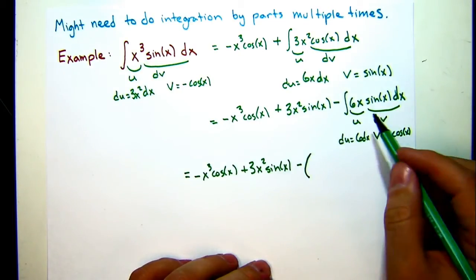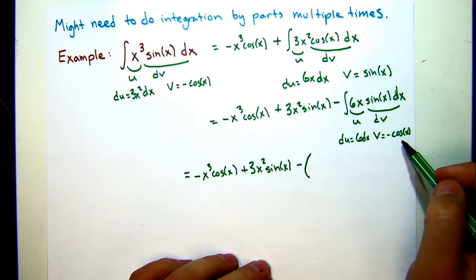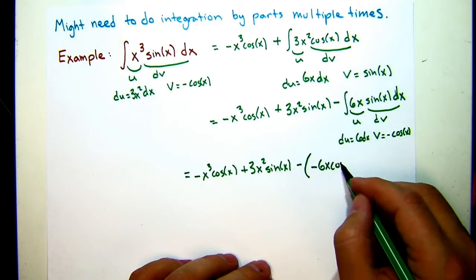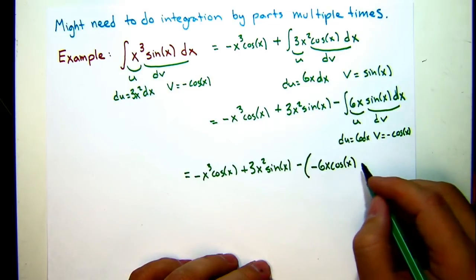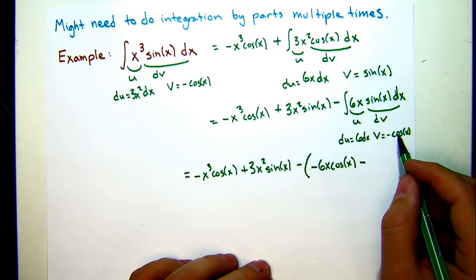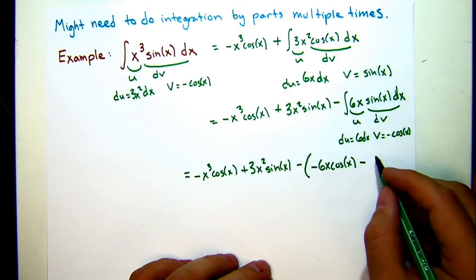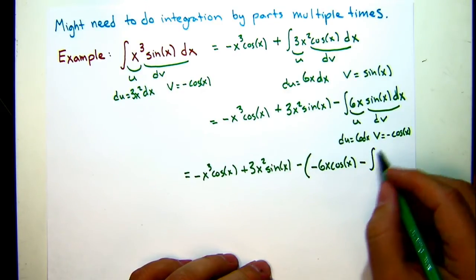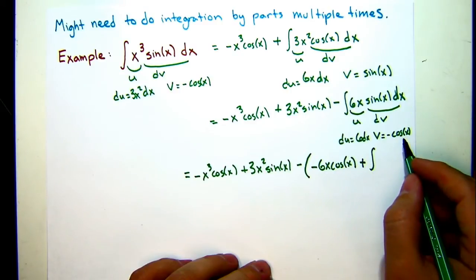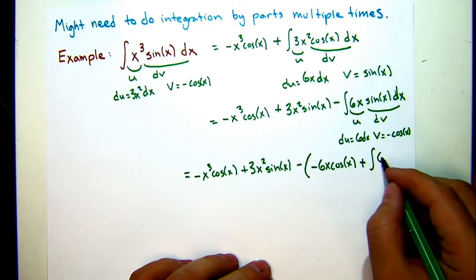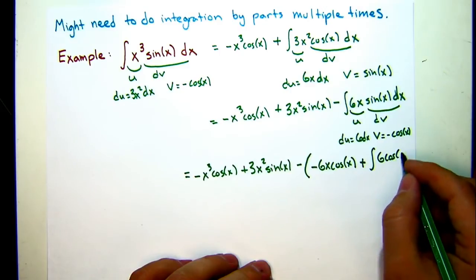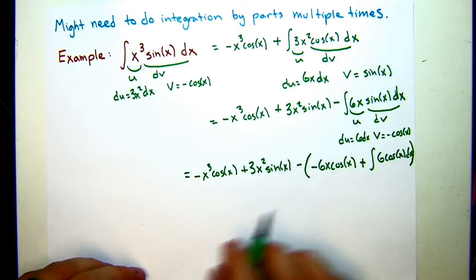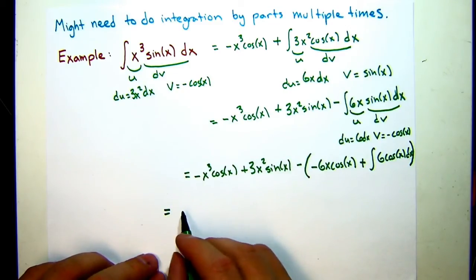This is what throws a lot of people off. So I'm going to put parentheses so I remember to multiply it through correctly. 6x times negative cosine x. So minus 6x cosine x minus integral v du. So that'll be minus the integral. Of course, the minus minus makes plus. And then I'm going to have 6 cosine of x dx.